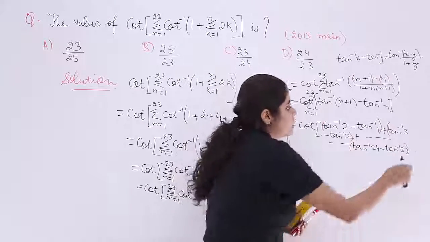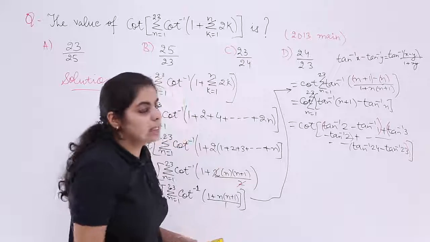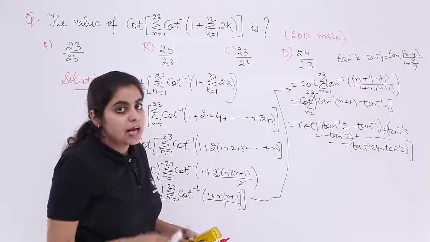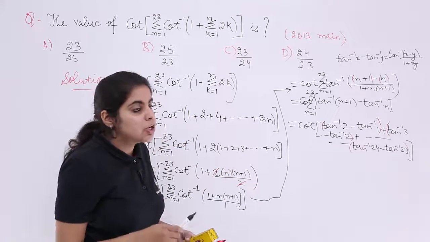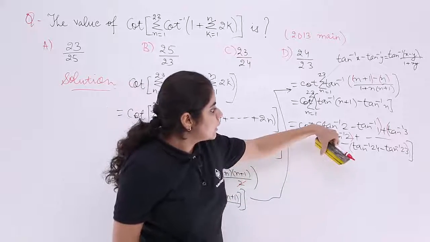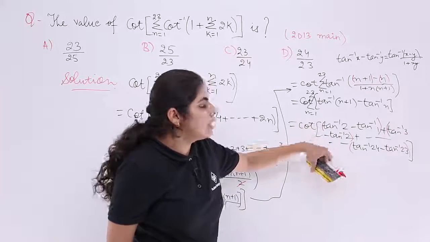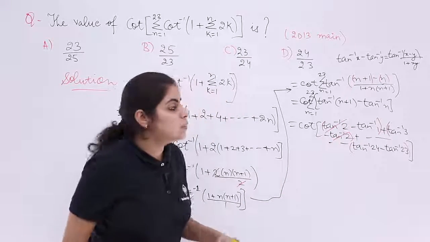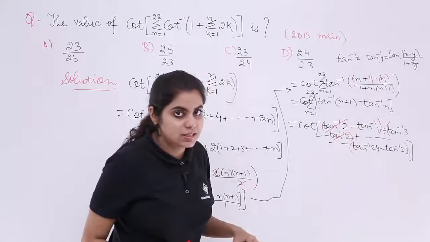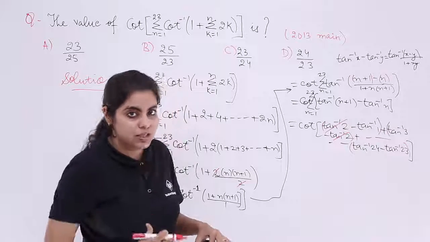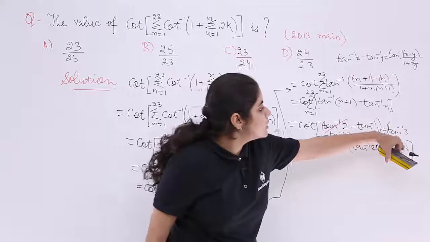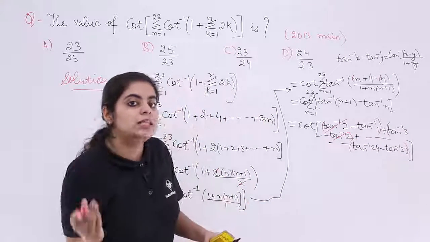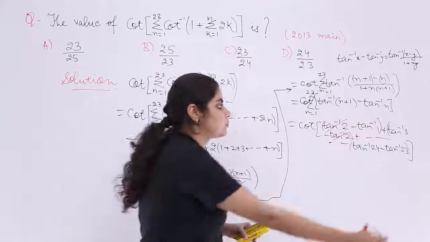Now what happens is, we have already seen that this is a summation series, and when this is a summation series, tan inverse 2 gets cancelled by minus tan inverse 2. Minus tan inverse 1 will stay as it is because there is no term preceding which cuts it. Tan inverse 3 will get cancelled by the minus tan inverse 3 later on.